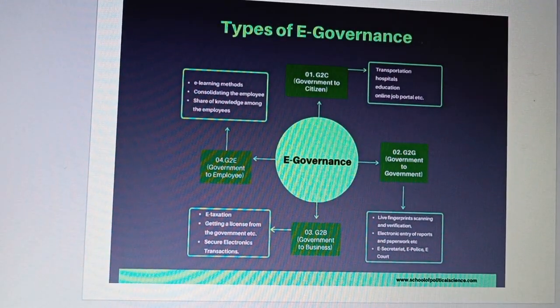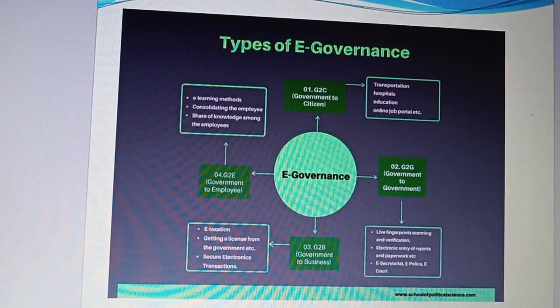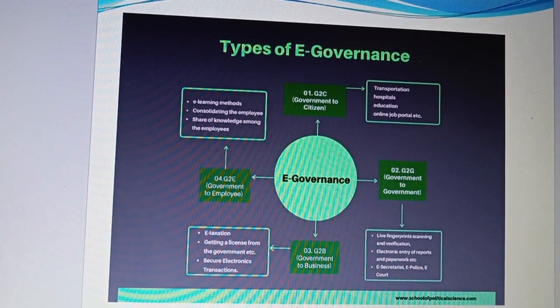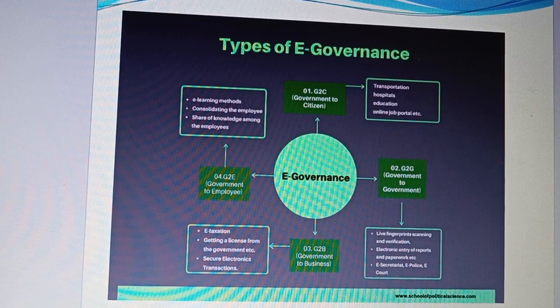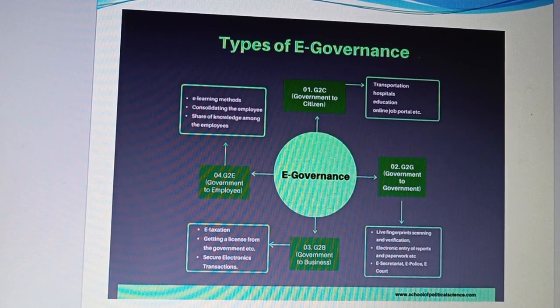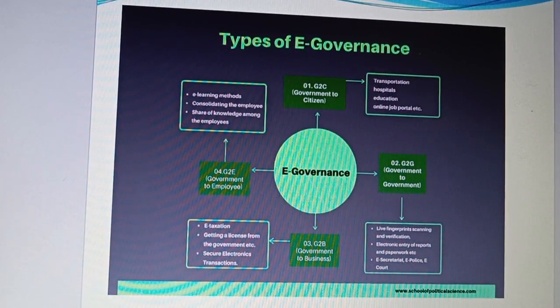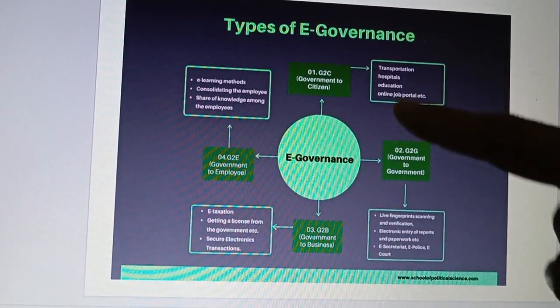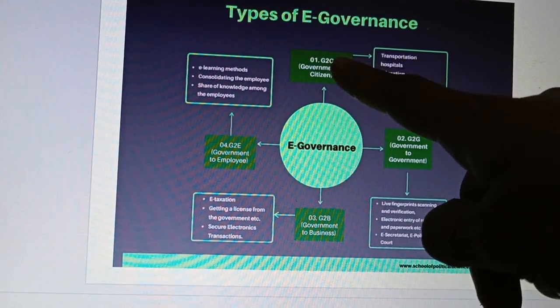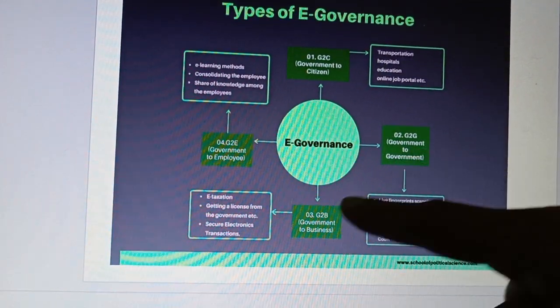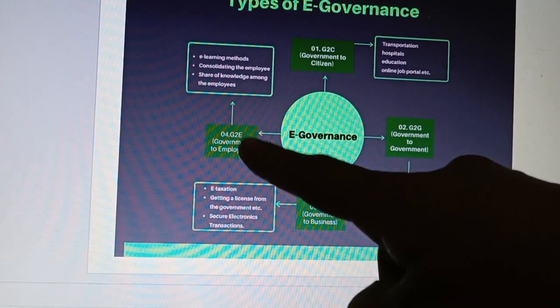Now next, types of e-governance. With the help of a diagram we can discuss the types of e-governance. E-governance contains G2C, then G2G, then G2B, and after that G2E.